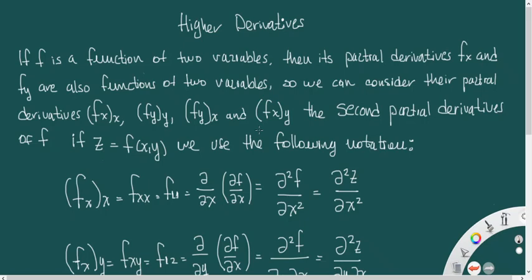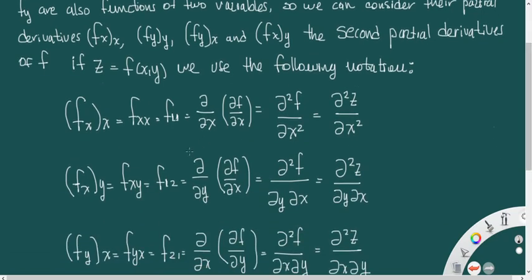So if we have some function z equals f of x and y, then if we are going to calculate the second partial derivatives of this group of variables, we will use the following notation. All these expressions equal the same thing.